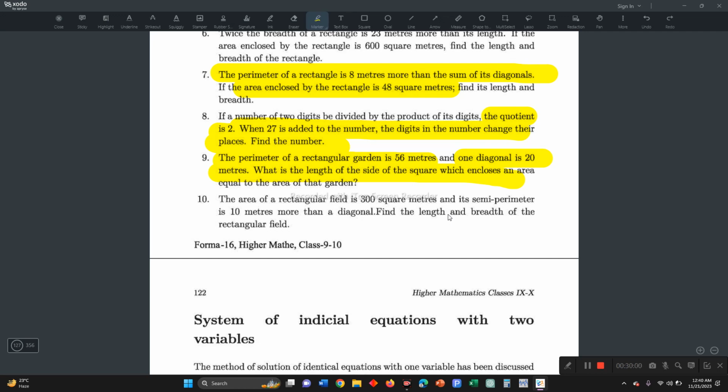As there is a term x square plus y square, we need the value of x square minus y square. Now, what do we have to determine from this question? It is a tricky question: what is the length of the side of the square which encloses an area equal to the area of that garden.